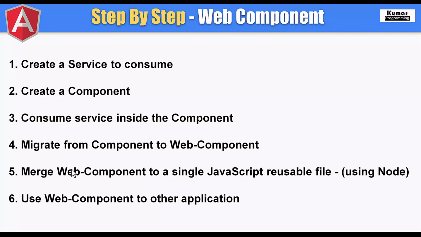Once the component is ready, we will migrate from component to web component. Once it's migrated, we will convert it into a single reusable JavaScript file using Node.js. Once this reusable file is ready, we will use this web component in any other applications.